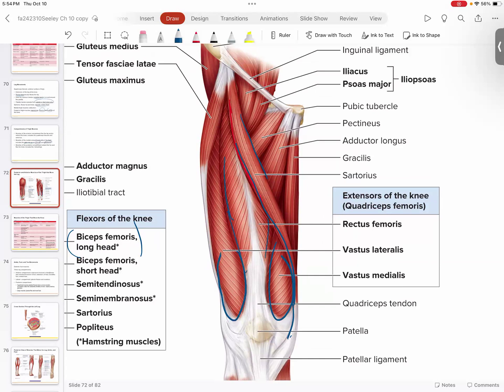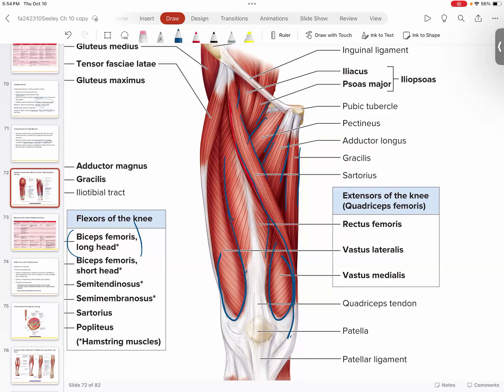And then if you look at the cutaway, you can see on the medial side, gracilis, which is your groin, basically. And then you can see adductor longus and pectineus. And then you can see the iliopsoas group, right? The iliacus and psoas major pieces.